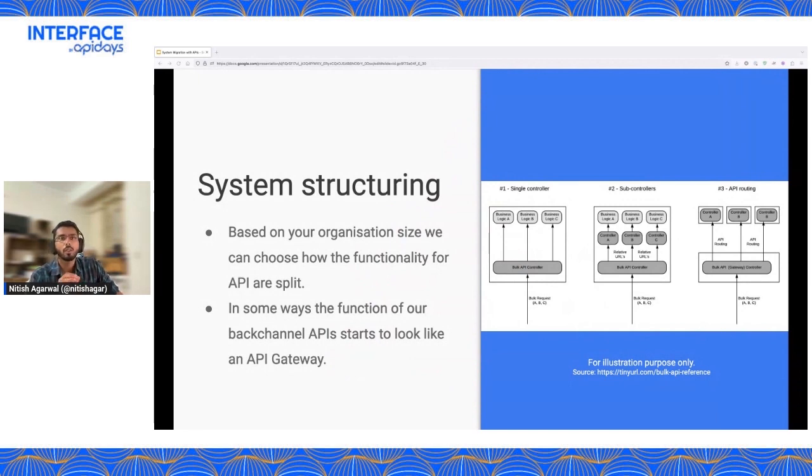If you look at number one, a single controller is an ideal scenario where you have a dedicated team developing this single API facade for all the different business logic or services or teams, and then providing this for a business which is being onboarded or migrated.